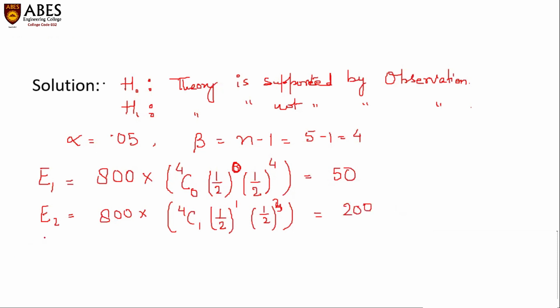Similarly, we can calculate E3, E4, E5 using the same formula, and these values will come out as 300. E4 will be equal to 200, same as E2, and E5 will be equal to 50. So according to binomial law, the data distribution in these 5 categories should be equal to 50, 200, 300, 200, and 50.